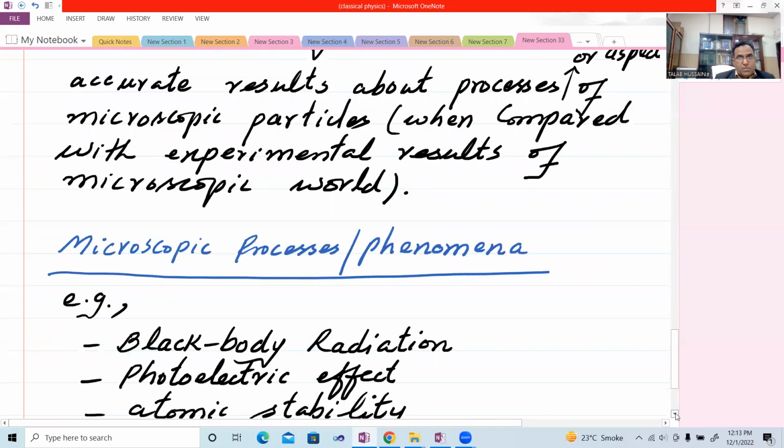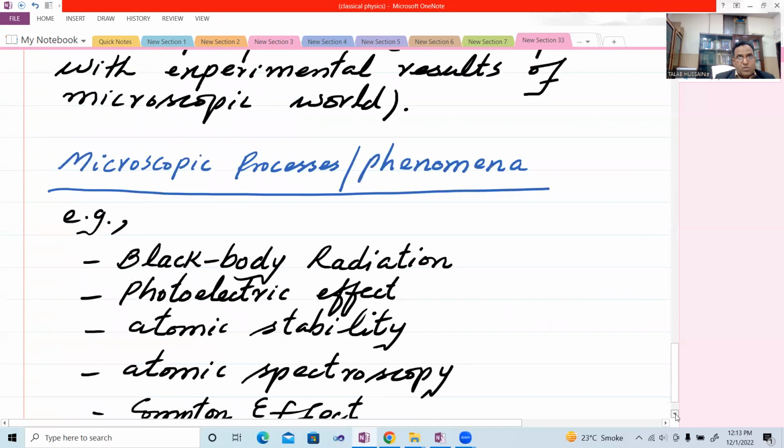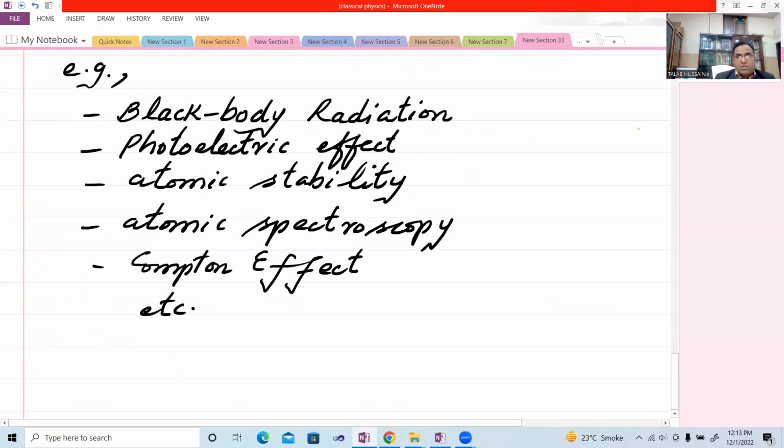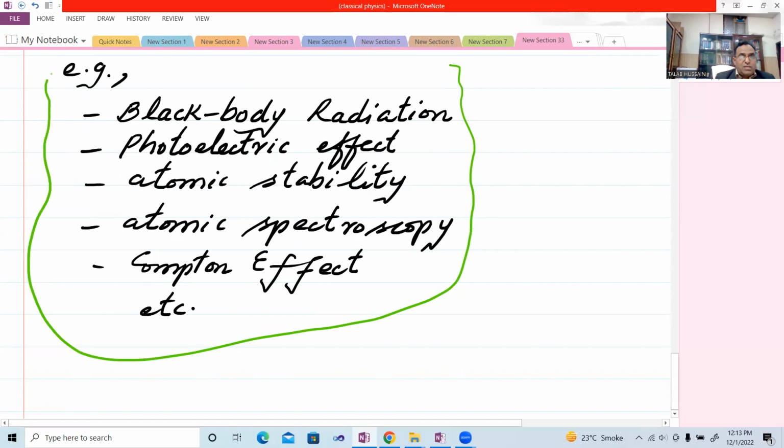These microscopic phenomena take place for those particles which are microscopic, meaning those particles and systems cannot be seen with the naked eye. They can be called microscopic systems.